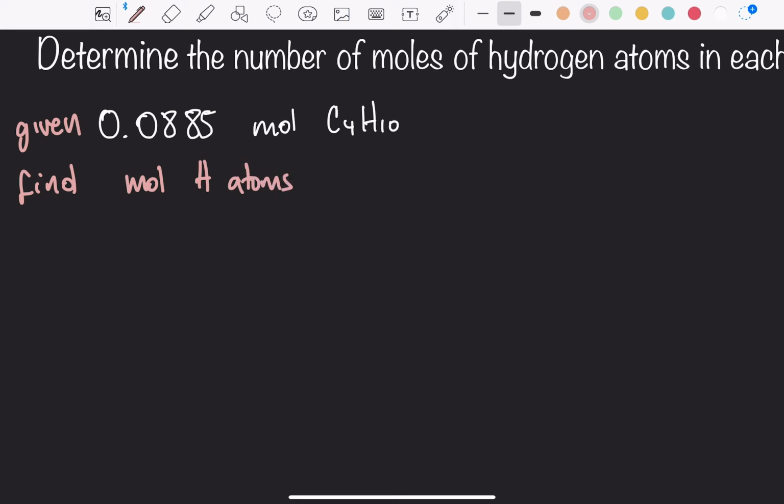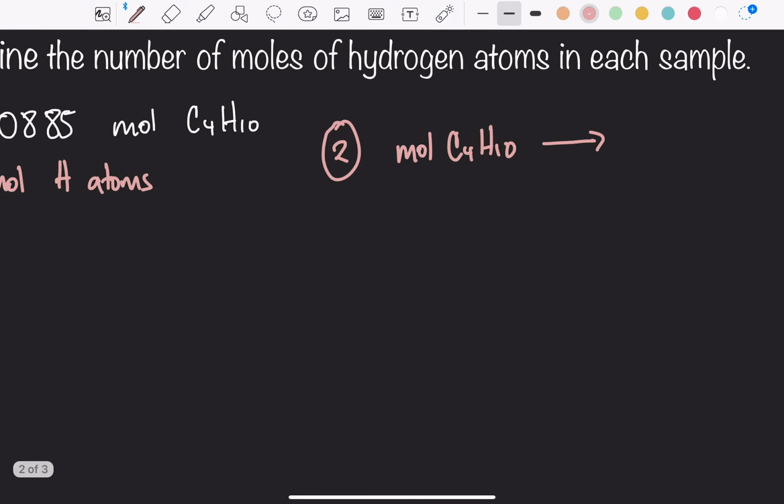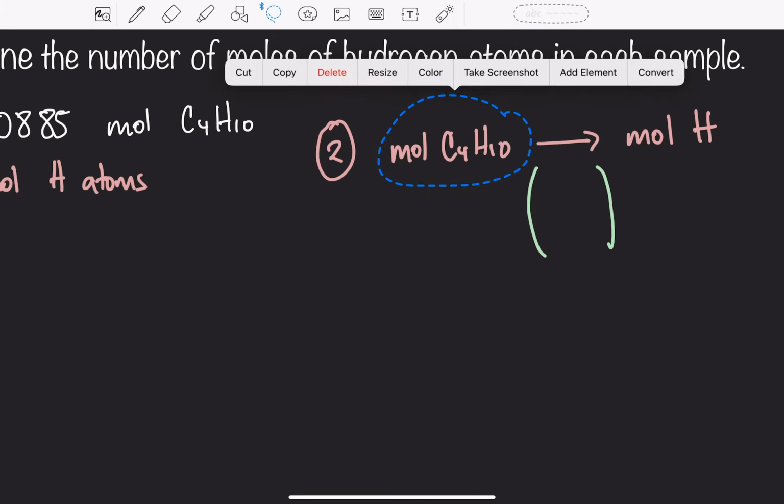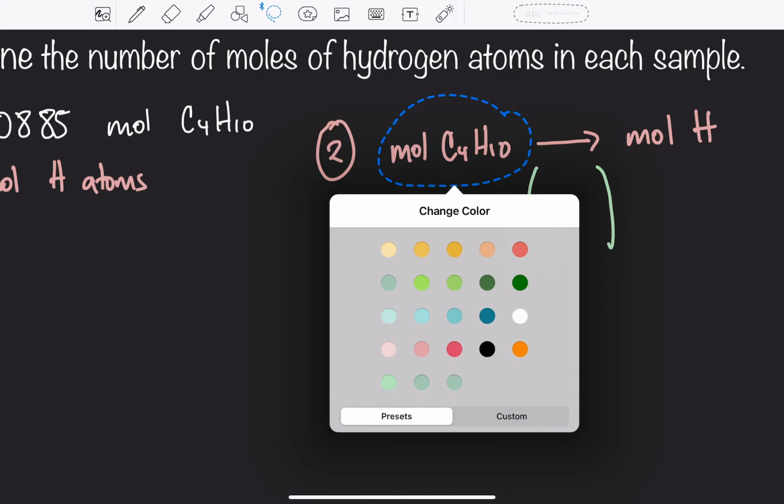This is my step 1. In step 2, I'm going to make the plan. I start with moles of the compound C4H10, and I'm going to convert this into moles of hydrogen. In order to do so, I am going to use a conversion factor. I'm going to change the color just to help us track what we're doing.